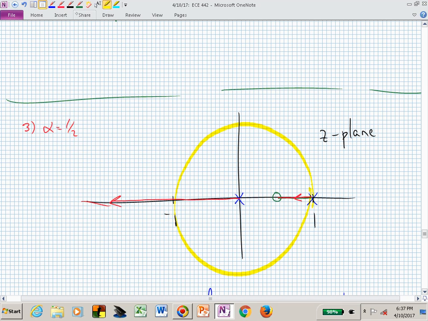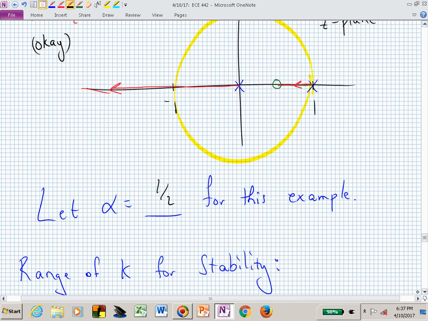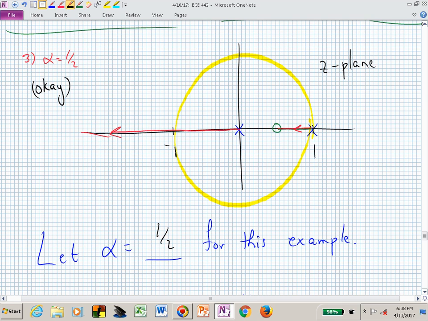But this is still an okay choice for alpha. It may not be the best choice, but let's just go with it. Let's let alpha equal to 1/2 for this example. So now the question was, if I crank up the gain k enough to get me to that 0 at 1/2, what's my gain k?